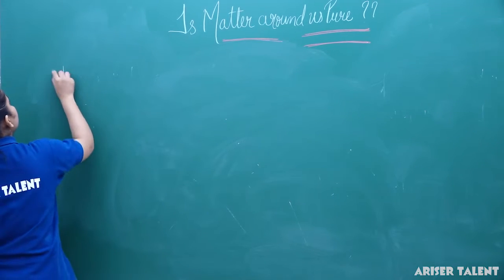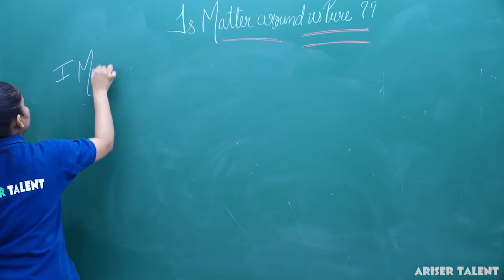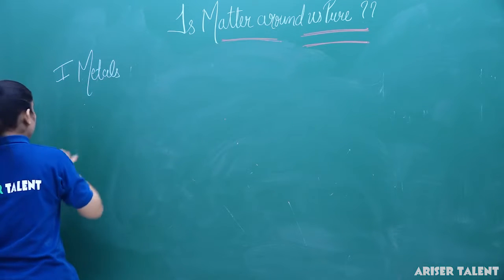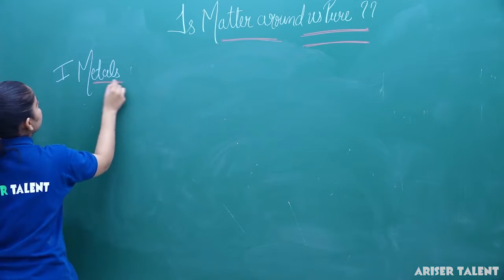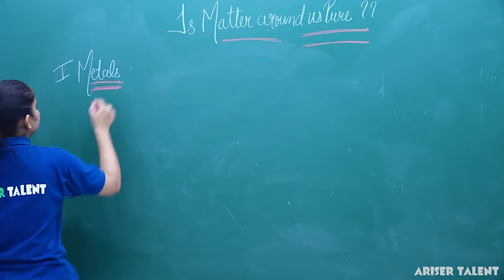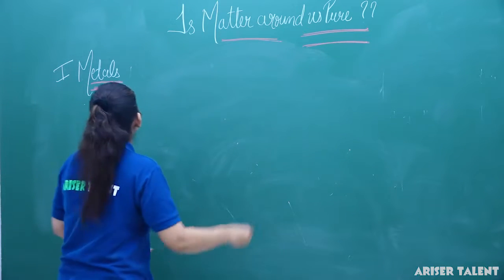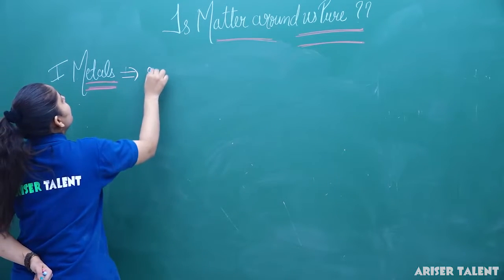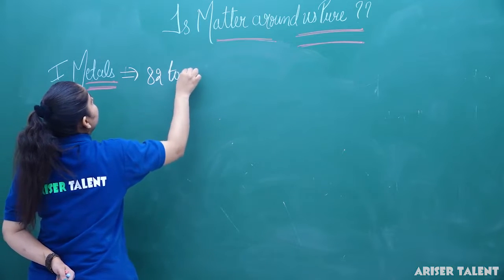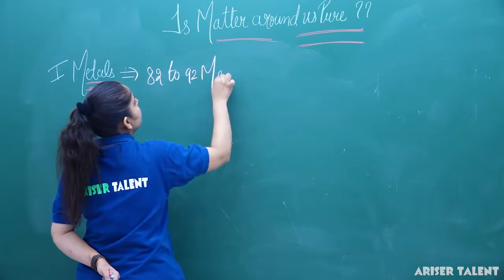Our very first topic here will be metals. In nature, about 82 to 92 metals are present.